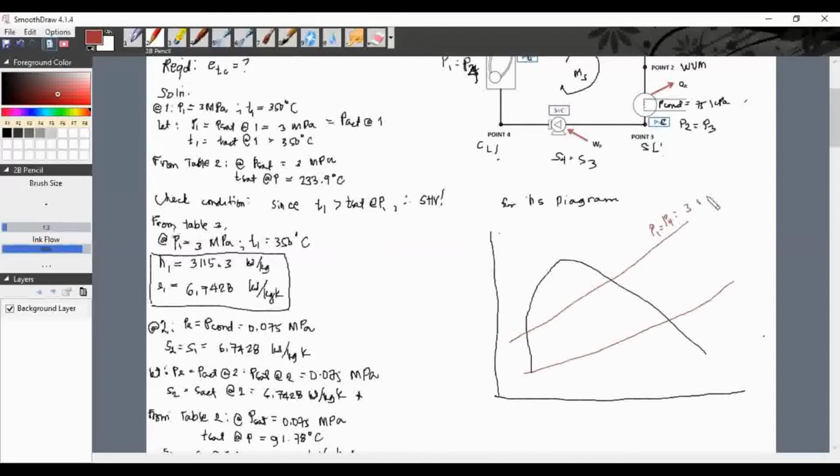That is 3 megapascals. And then, this is yung P2, which is equal to P3. Which is pressure sa condenser na 0.075 megapascal. Next. At point 1, ang given ay H tsaka T. So, lagyan natin na ito yung T. Okay? Ito siya mag-intersect T1 of 350 degrees Celsius. So, this is point 1.